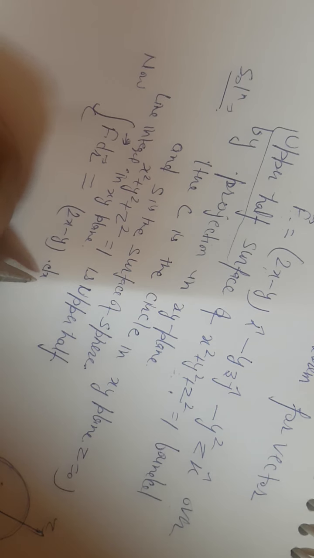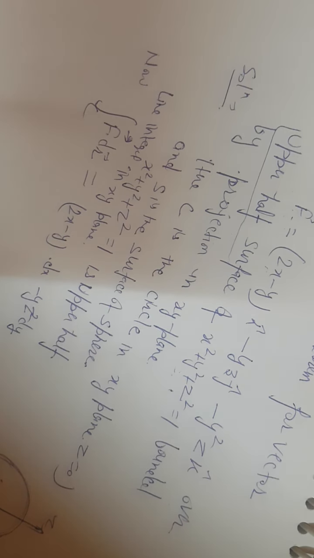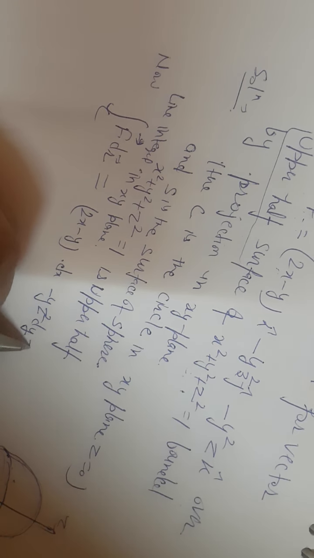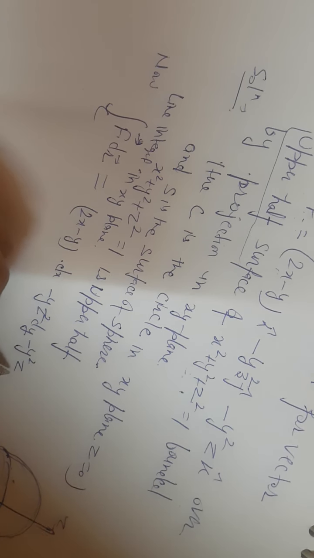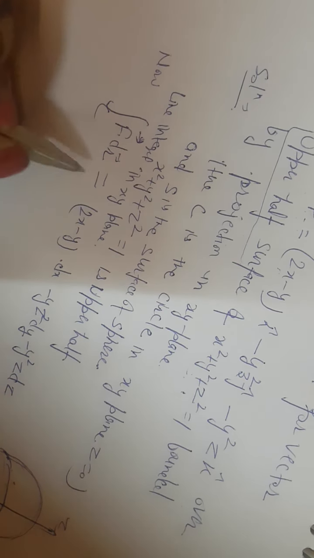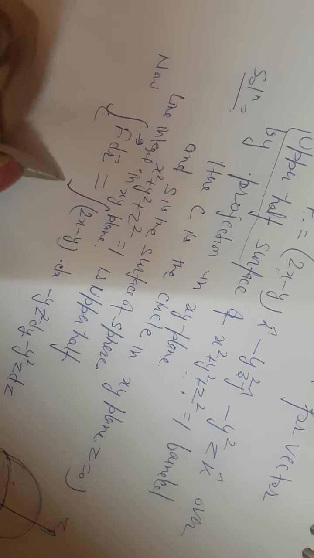So this is (2x − y)dx − yz² dy, then next is −y²z dz. This is the line integral you have taken.